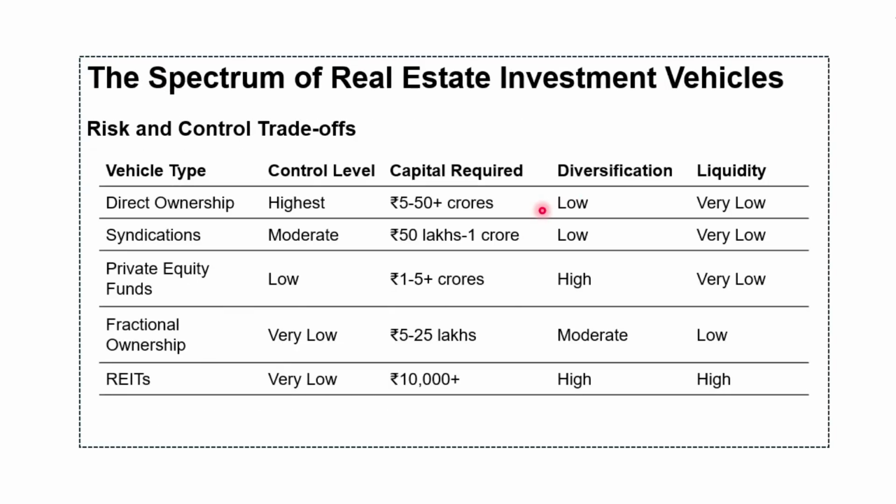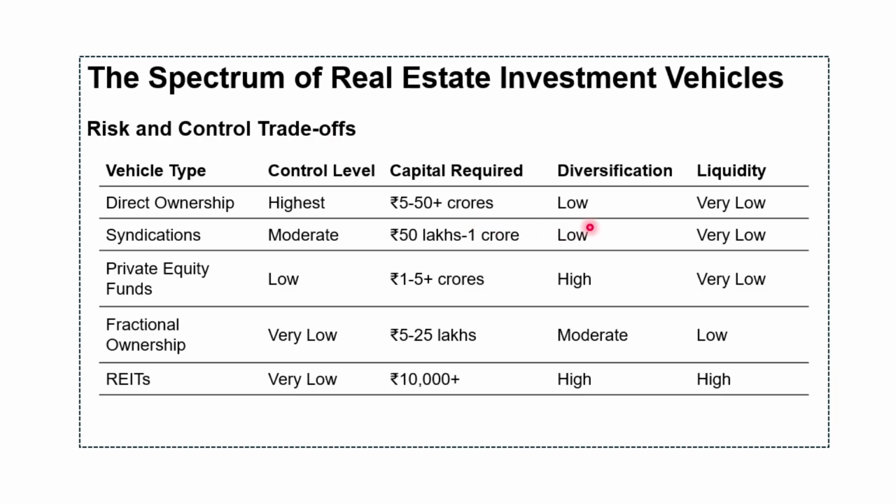Then, the spectrum of real estate investment vehicles. We have different models. Direct ownership has the highest control, but the capital requirement is also very high: 5 to 50 plus crores, a big ask.